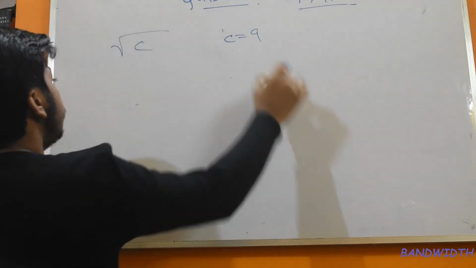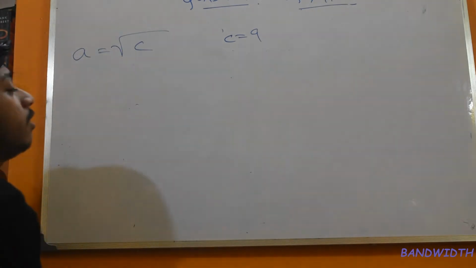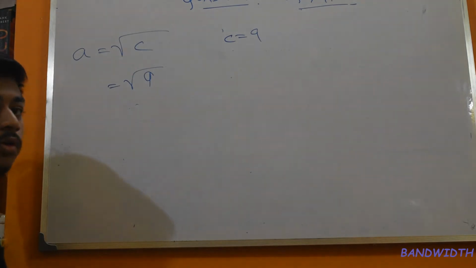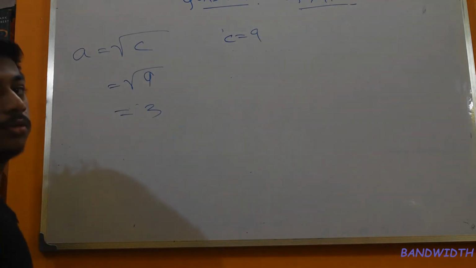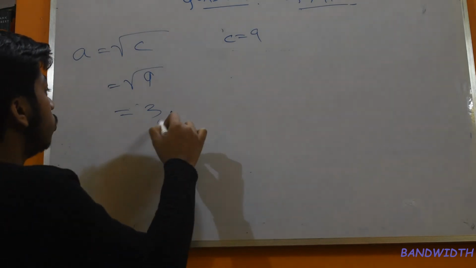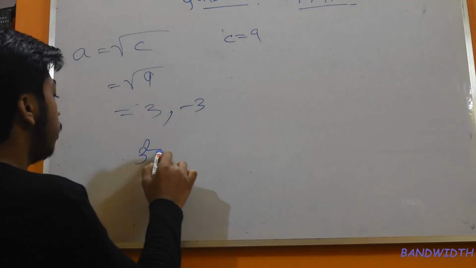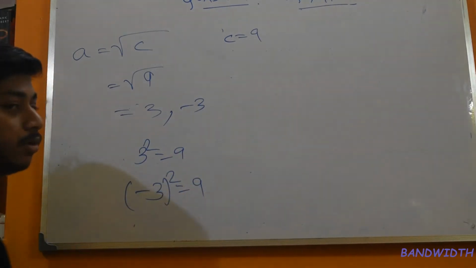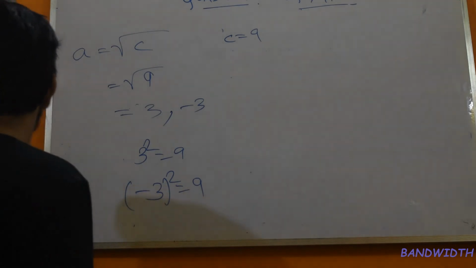Suppose c equals 9 and a equals root c, root 9. What would most of you say? It is 3. But 1% of you know it can also be minus 3. 3 square equals 9, minus 3 square is also equal to 9. So that's why there was a plus minus sign. You get it now?